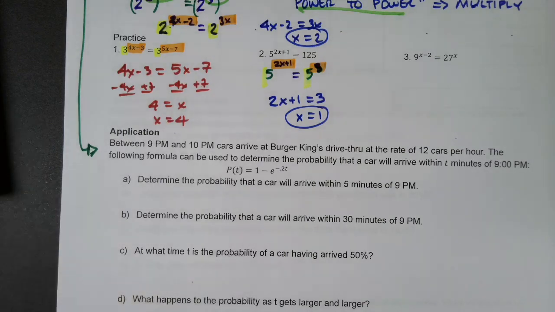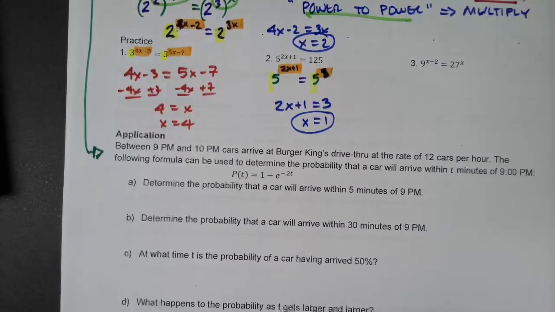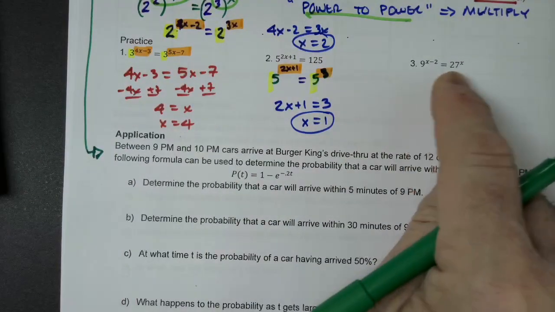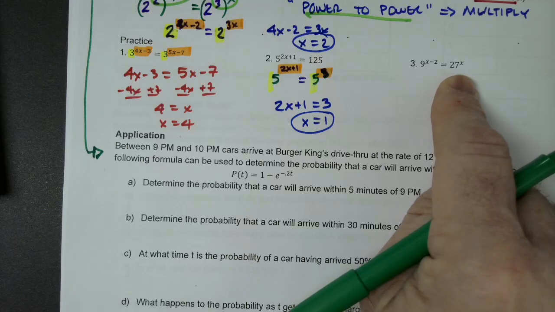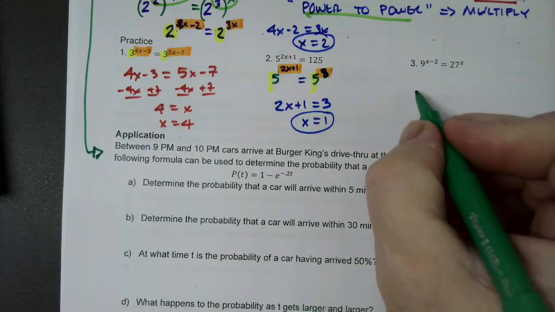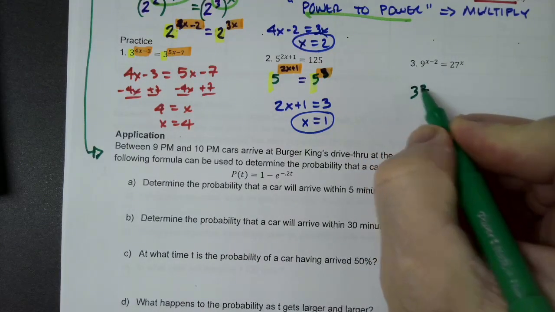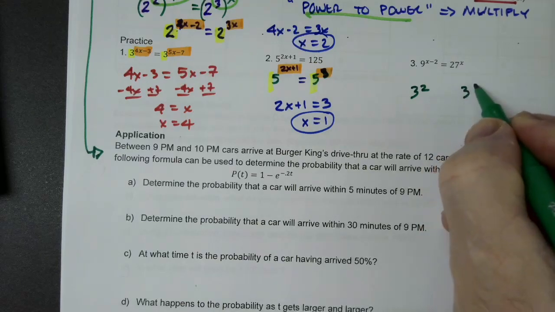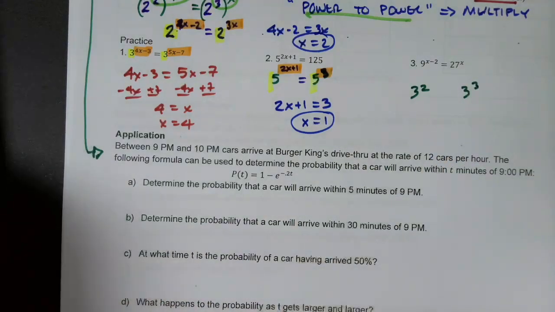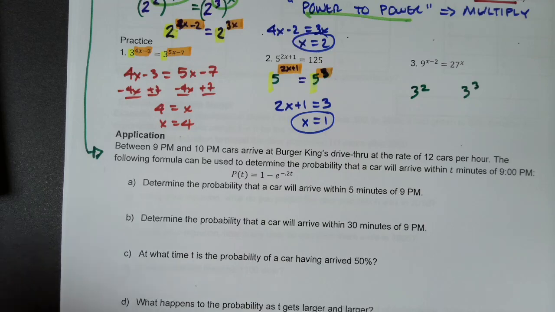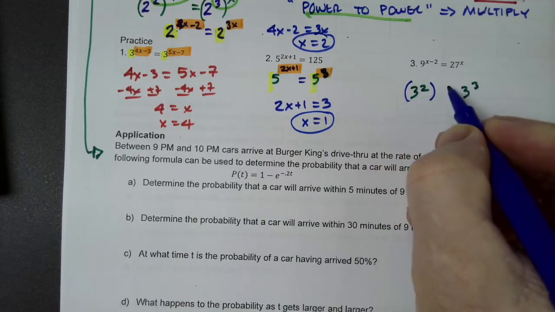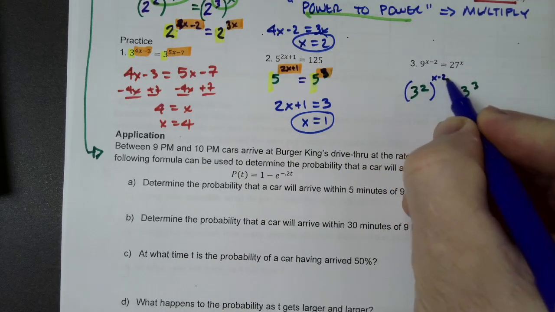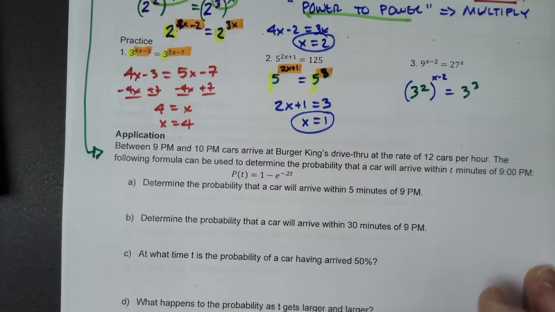Our last example has a base of 9 and a base of 27. We know that 3 squared will give us 9, and 3 cubed will give us 27. We know that this is still raised to the negative x minus 2 power.